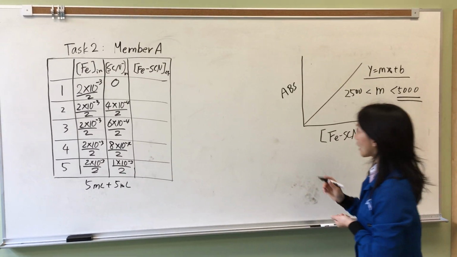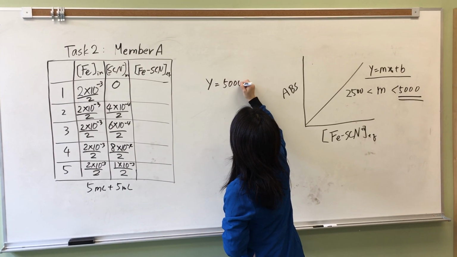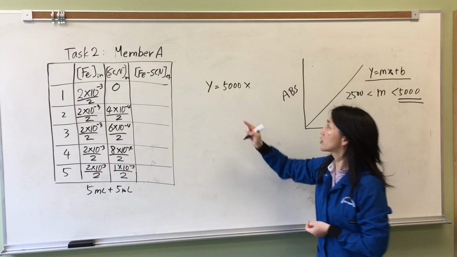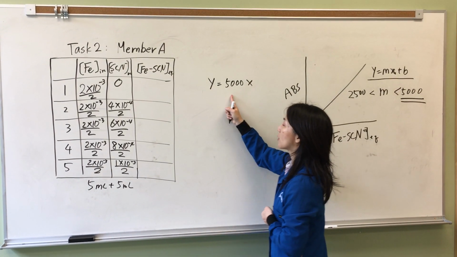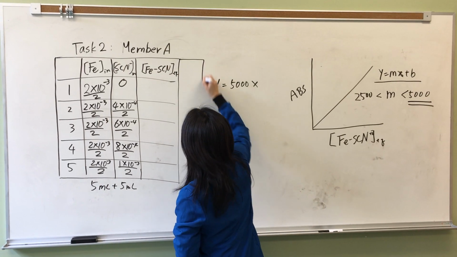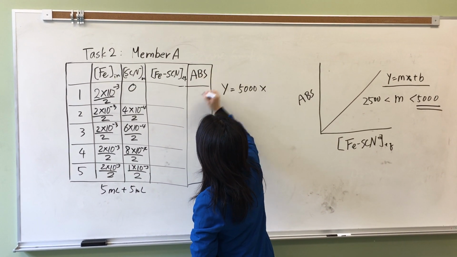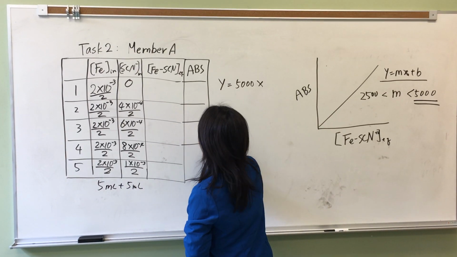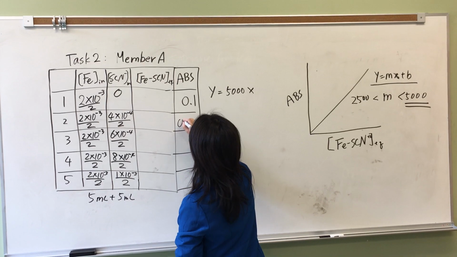Okay? So let's say our standard curve equation is y equals 5,000x. Using this one, we're going to get the concentration. Everybody should have the absorbance data from the absorption spectroscopy. So let's say this one is 0.1. I'm just going to make up this number.